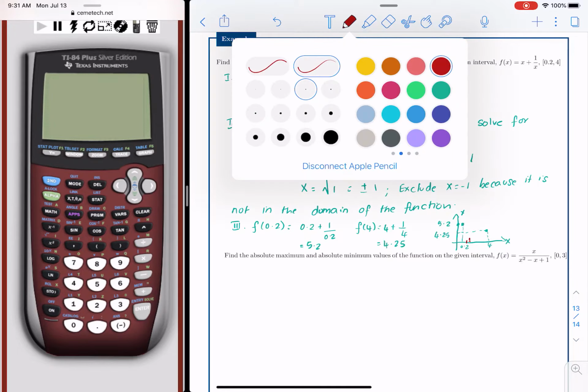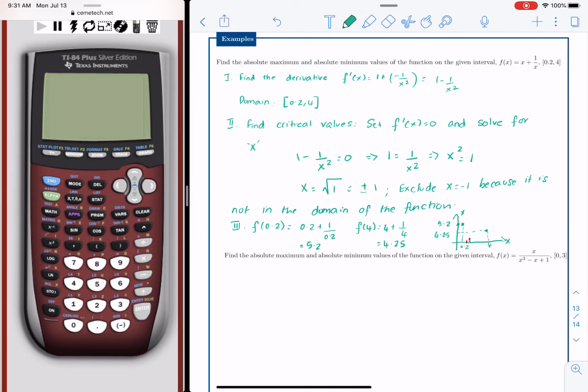And let's evaluate and see what the value of f of 1 is. So f of 1 would equal 1 plus 1 over 1. I get 2, and 2 is way below 4, so let's say that is 2. It's not drawn to scale, so it seems like the curve is going that way.